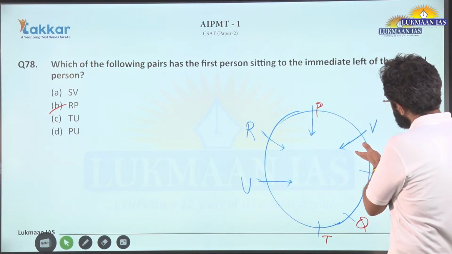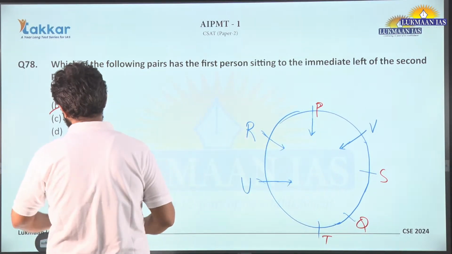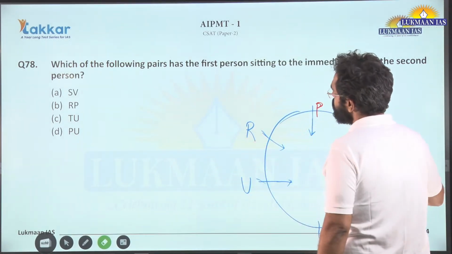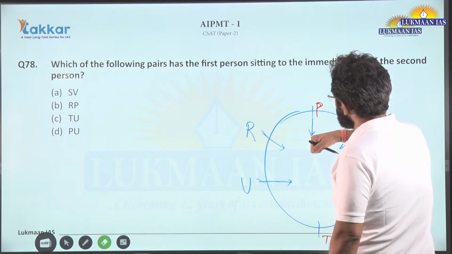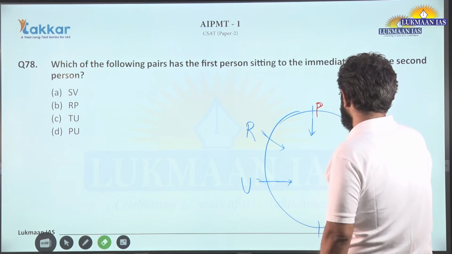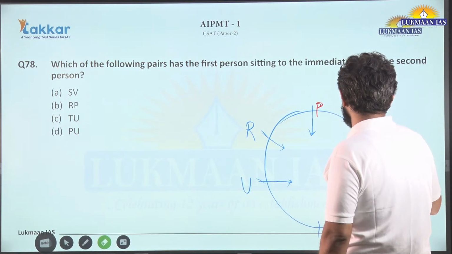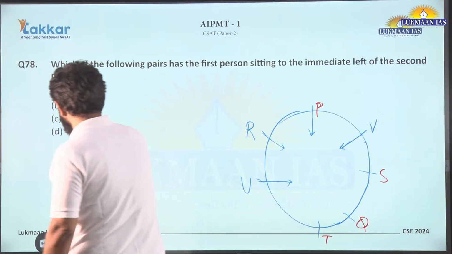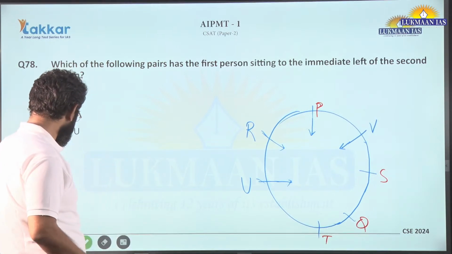S is sitting on the left of V, R and P. R is on the right of P, T and U. T is on the right of U. PU, PU are not even sitting together. So for this one, option A is the right answer. S and V. Let's see the next question.